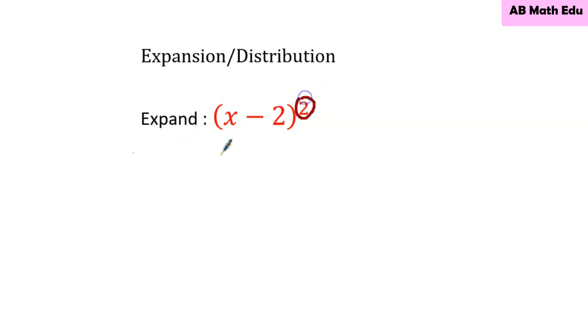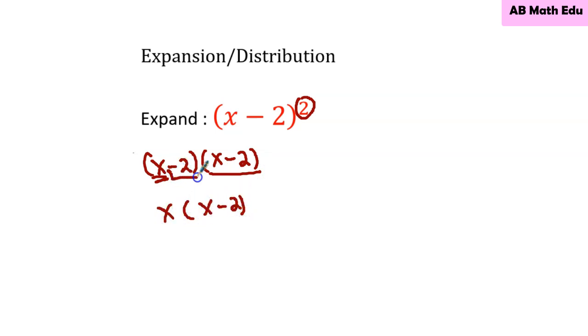You see this 2, that means we're going to repeat it twice. So it's going to be x minus 2 times another x minus 2. And then you take this one here and you multiply it against it. So you can set it up like that. And then you take this -2 and you multiply it again by this. So -2, then you multiply again by x minus 2. And therefore, this is going to multiply this.